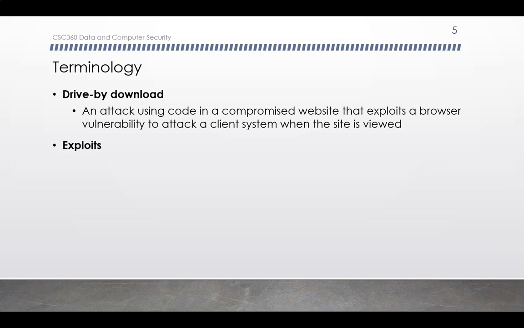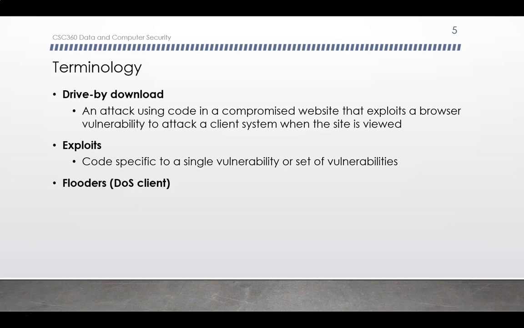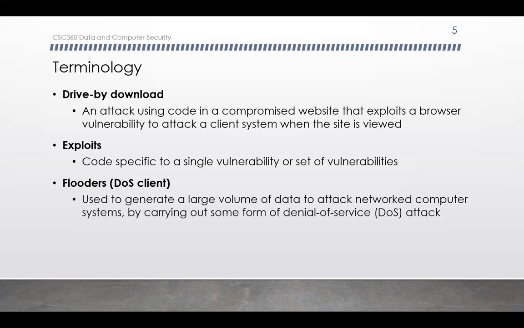Some additional terms include exploits, which would be code specific to a particular vulnerability or set of vulnerabilities. Flooders, a DoS client. This is a denial of service client. This would be used to generate a large volume of data to attack network computer systems.